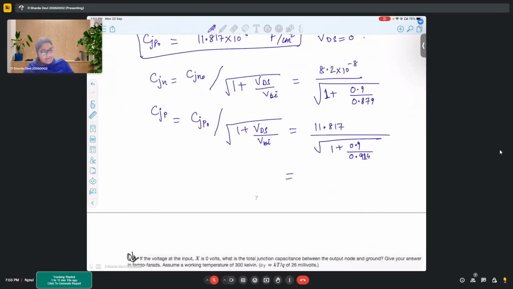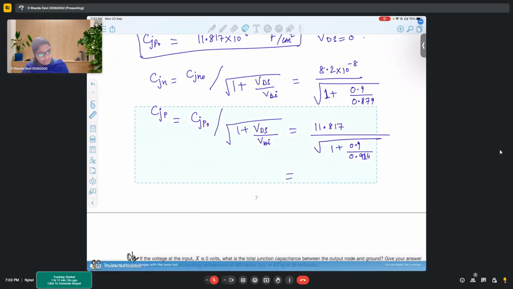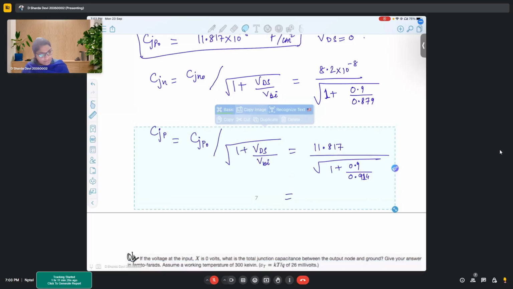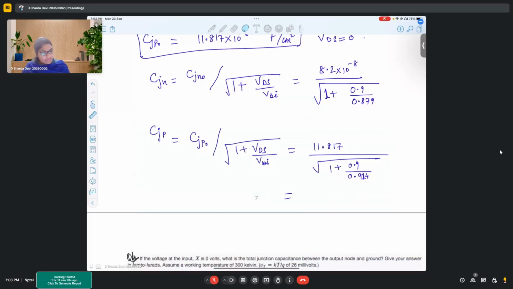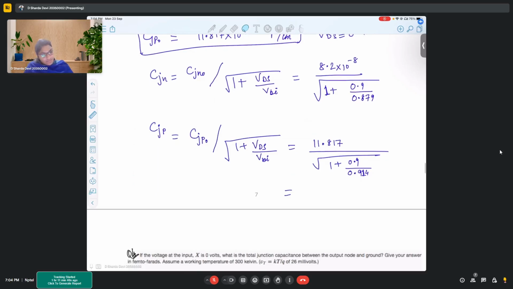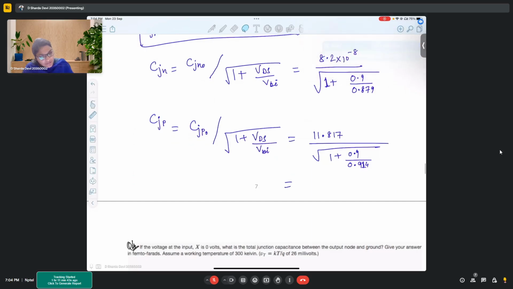So the final values of the capacitances are, the final value for P is... can somebody find these values, the final values? What is the value that you get over here?